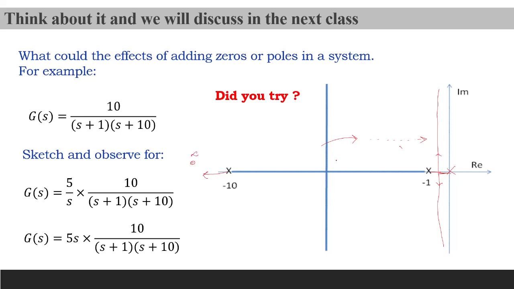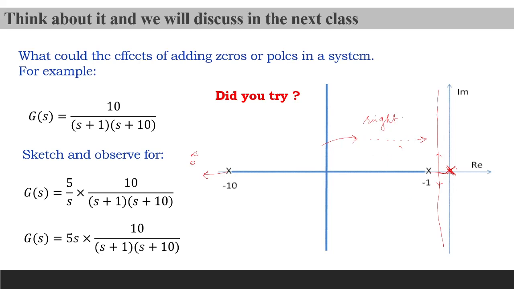So in general, we can see that if I add an additional pole to the system, the root locus moves towards the right. So this whole part shifted to the right of the system.